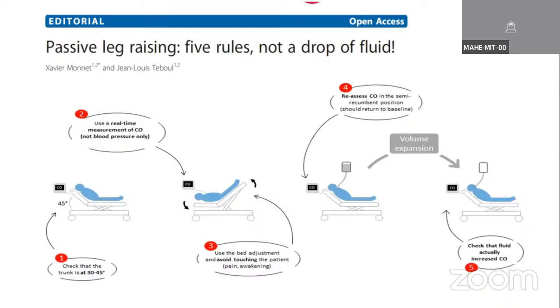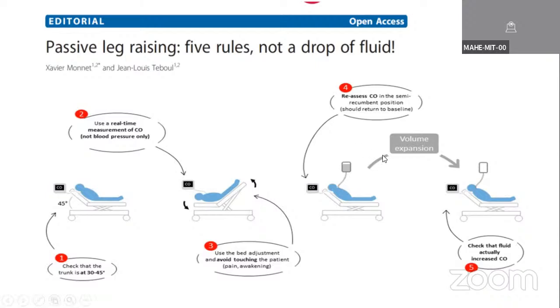We compare between the baseline semi-recumbent position and when we give the head low and leg up at 45 degrees. The changes in the stroke volume or cardiac output are due to the auto transfusion. A sudden increase in the stroke volume will be there.